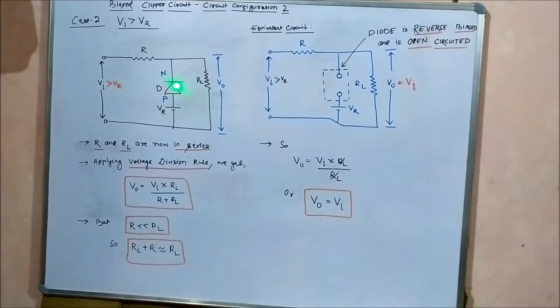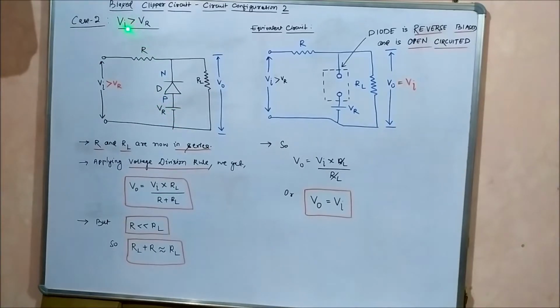Again, pay attention to this diode connection. The N end is connected to the input voltage, the P end is connected to the reference or biasing voltage. Since the input voltage is greater than the reference voltage, the N end of the diode is connected to a higher potential and the P end to a lower potential.